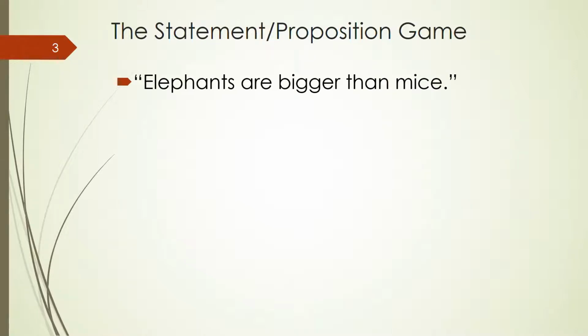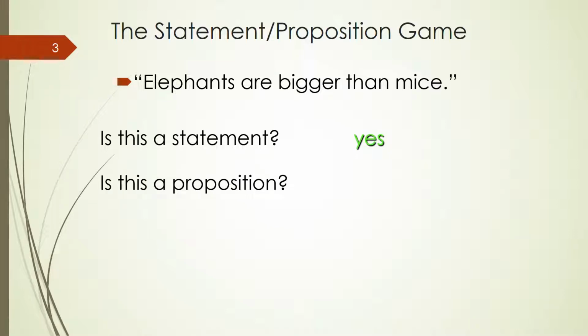So the first one is, elephants are bigger than mice. So first of all, is this a statement? Because if it's a proposition, it must be a statement. Yes. Elephants are bigger than mice, that is a statement. So it could be a proposition.